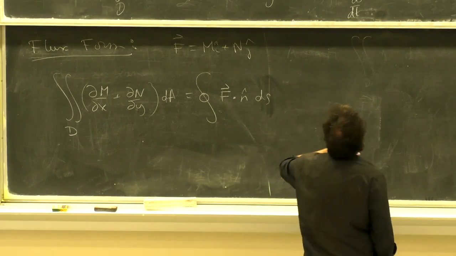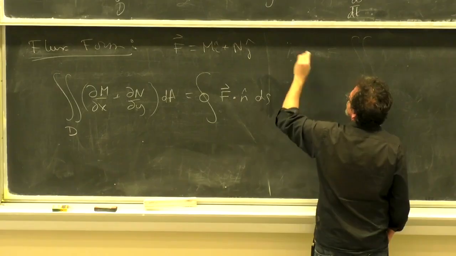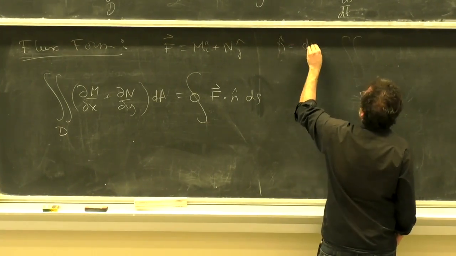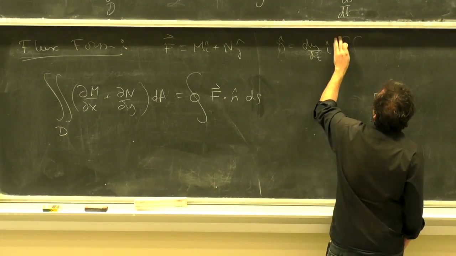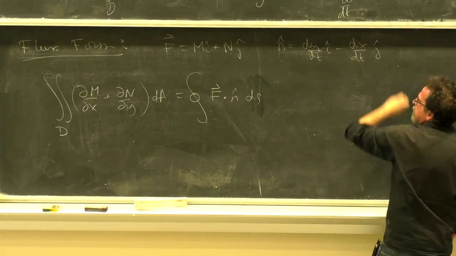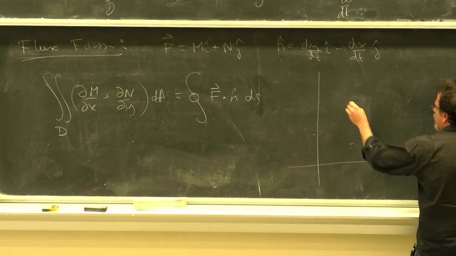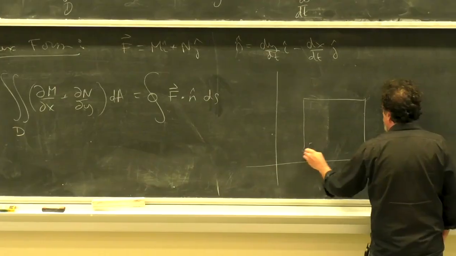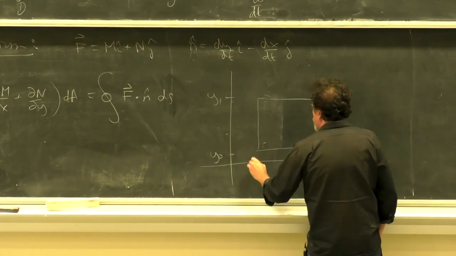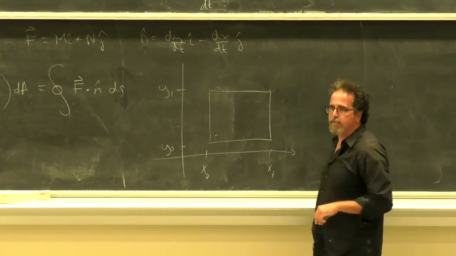And n hat is equal to dy/dt i hat minus dx/dt j hat. The domain I'm going to use is going to be a very simple rectangle for now. I'm going to go from y0 to y1, and from x0 to x1. And that's my domain. That's D.